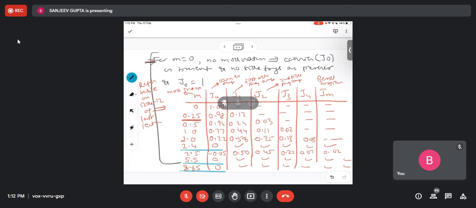And the one which I have marked in black means all power is in the carrier. Obviously, no modulation means all my power was in the carrier and no side frequencies. But there are certain values of modulation index, like 2.4, 5.5, and 8.65, where there is no carrier power and all the power is in the side frequencies, which is good for us because this is like your double sideband suppressed carrier.